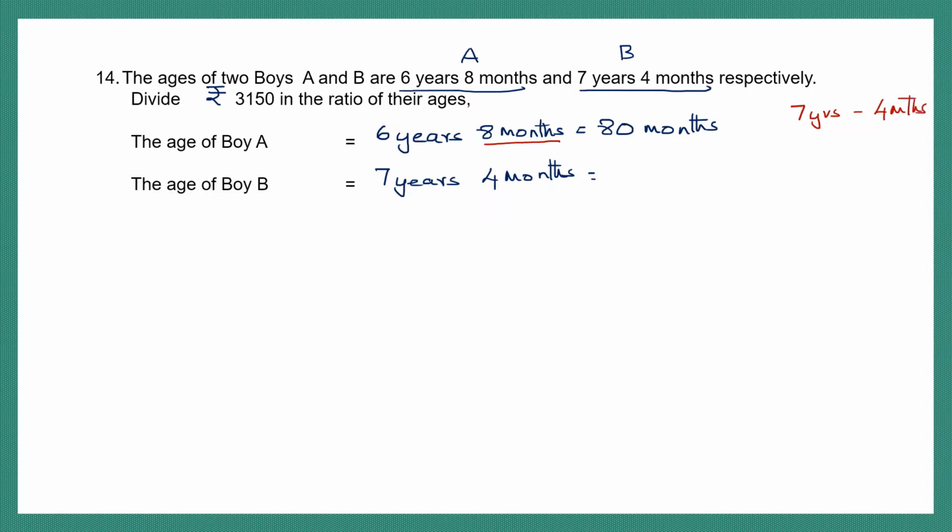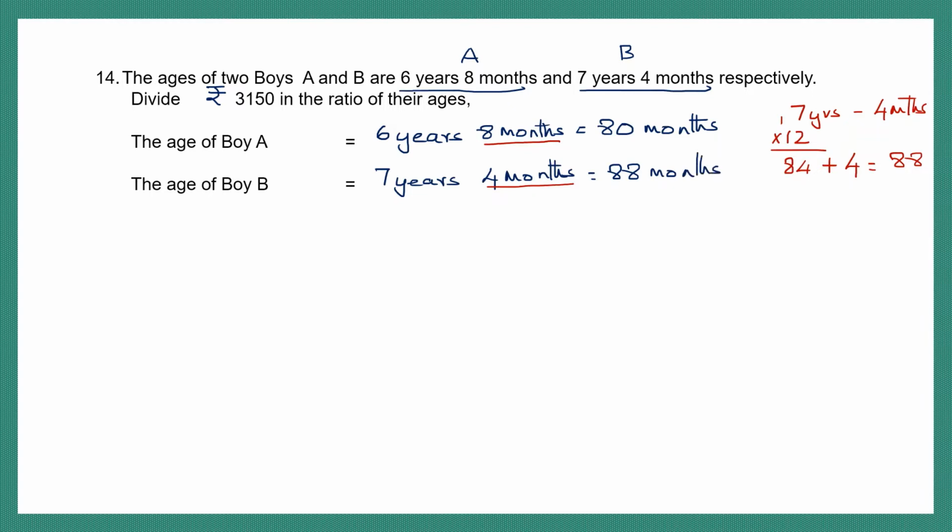So 1 year is 12 months. So 7 years will be 7 into 12. 2 sevens are 14, carry 1, 1 sevens are 7 plus 1, 8. 84 months. Now let's add this also to it. Plus 4 months will make it 88 months. So that is 88 months.